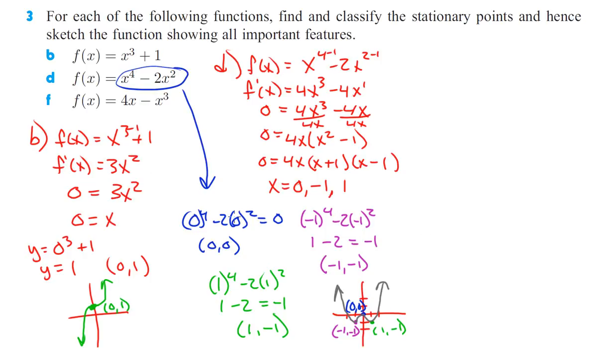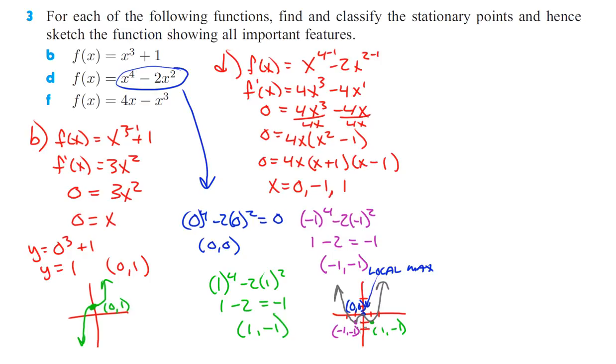So this blue one here, that one there, is a local maximum, right? Because again, this function goes up forever and ever. And then these two down here, since they both are the global minimums, they actually are both sharing it.